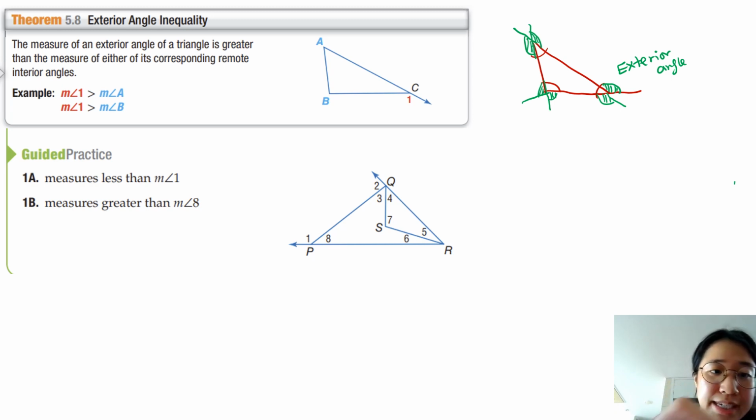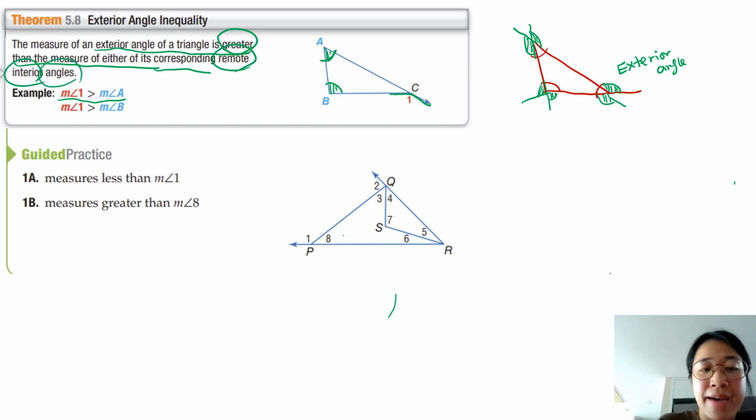And the theorem says if angle 1, that is an exterior angle of the triangle, is always greater than angle B and A. So the exterior angle of the triangle is greater than the measure of either of its corresponding remote interior angles.